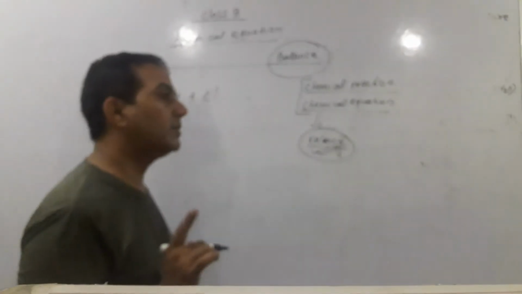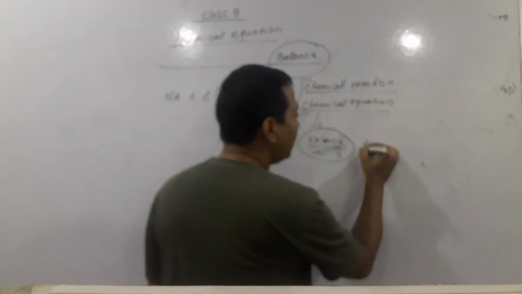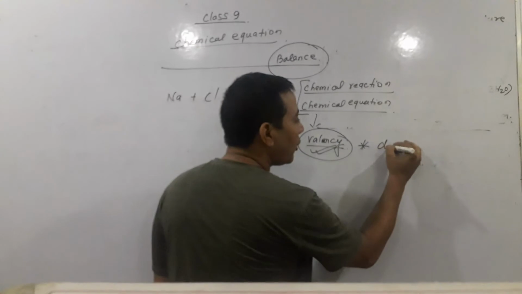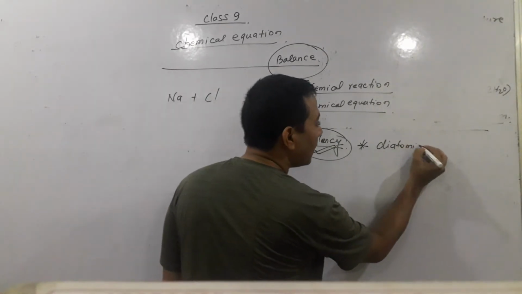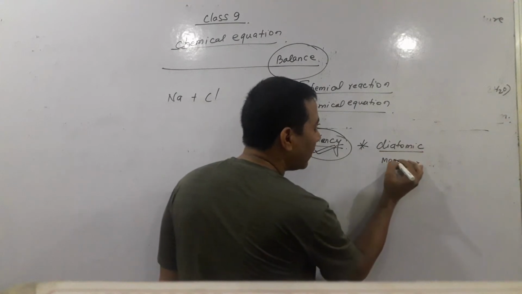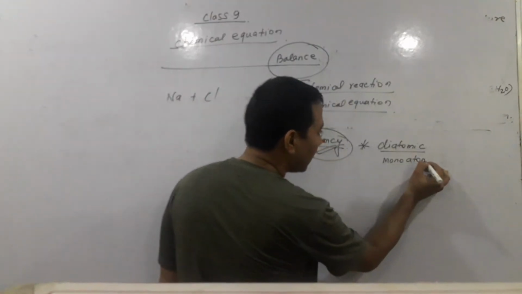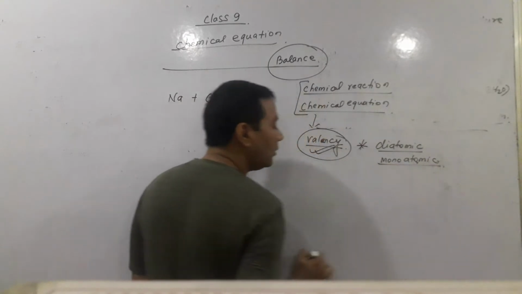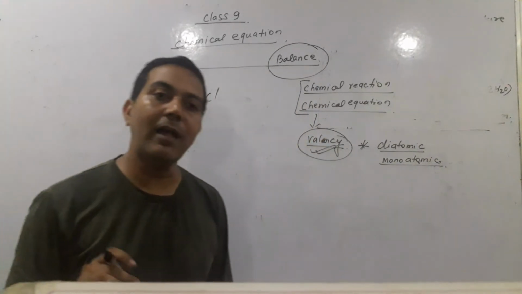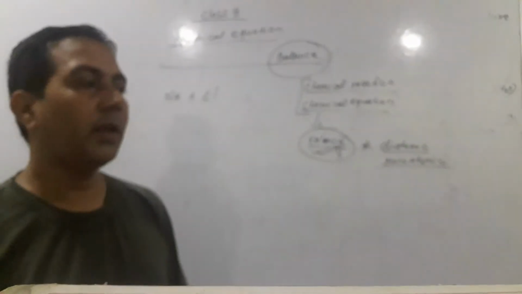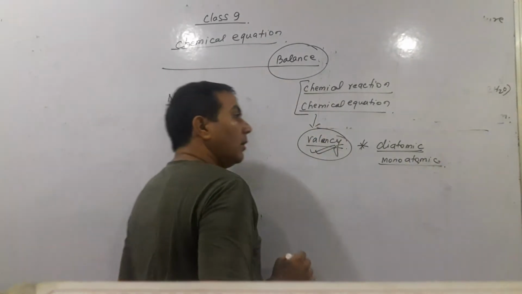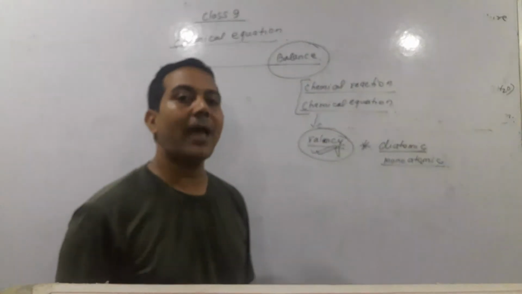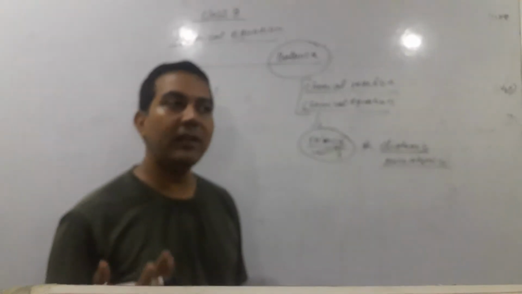Then the next thing is, are they diatomic or monoatomic? That must also be known by us. What is diatomic? Diatomic means they cannot exist independently.